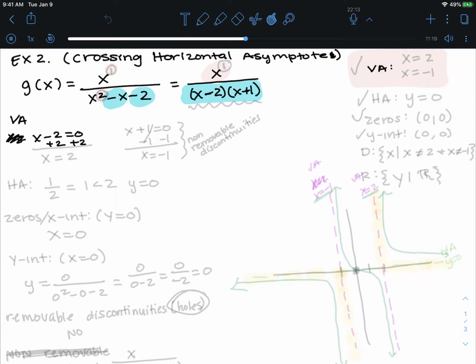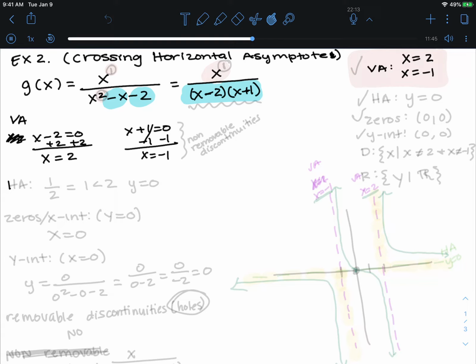Add the 2, x equals 2. Then the plus 1 equal to 0. Subtract the 1. x is going to equal negative 1. So my vertical asymptotes are going to be at x equals 2 and x equals negative 1. So here I'm going to have two vertical asymptotes.